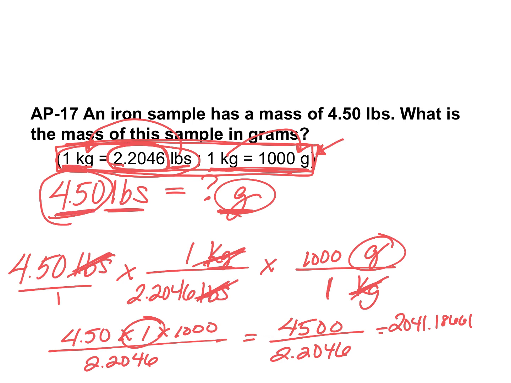So the 1 kilogram is exact, this 1 kilogram is exact, this 1,000 is exact, and this 2.2046 is not exact, but that's 5 sig figs compared to the 3 of our original number. So our final answer is going to have 3 sig figs. This 1 is the first digit that goes, so 2040 grams would be the answer rounded to the right number of sig figs.